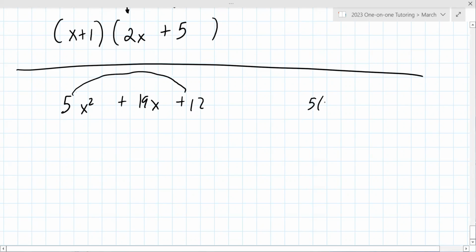So 5 times 12, that's 60. Then you got to find two factors that multiply to 60 but add to positive 19. So I'm going to give those to you just because that could take the longest, 15 and 4. And so this 19x breaks apart into 15x plus 4x.